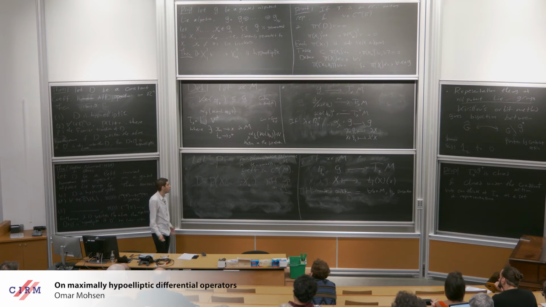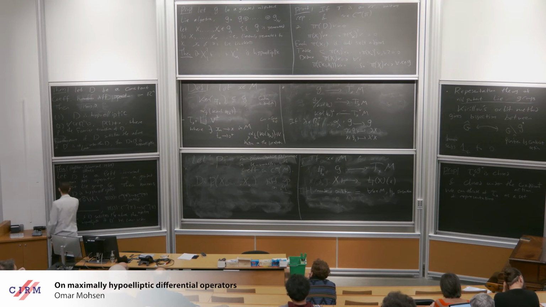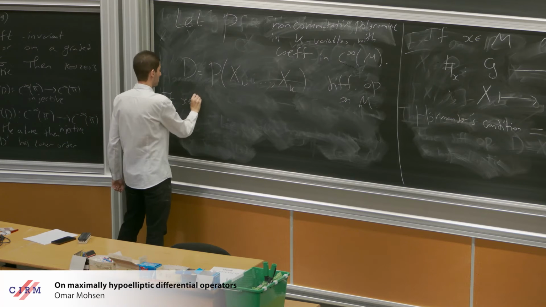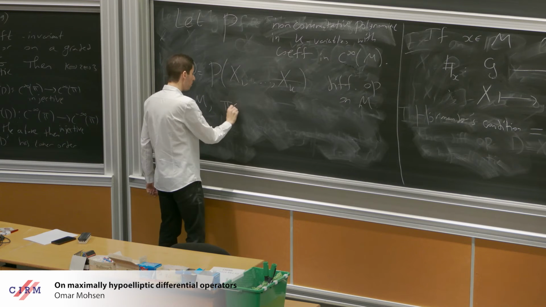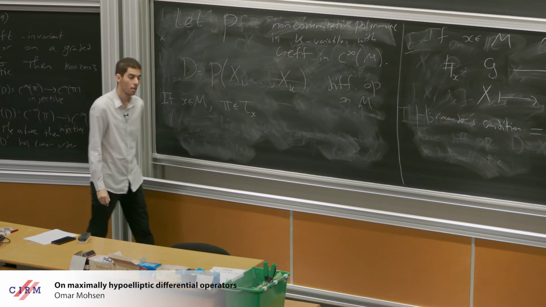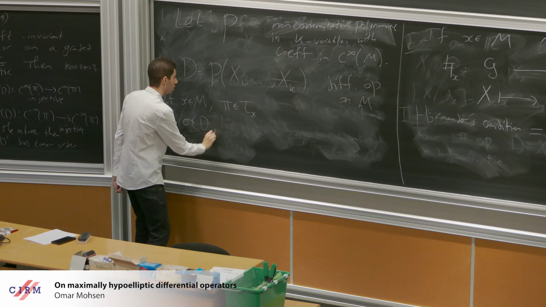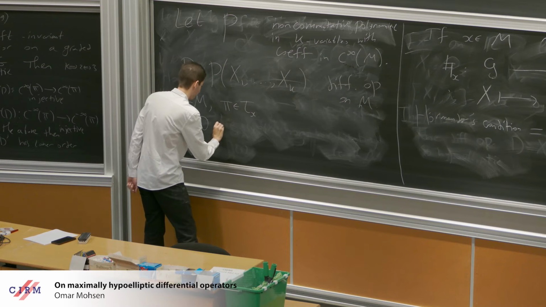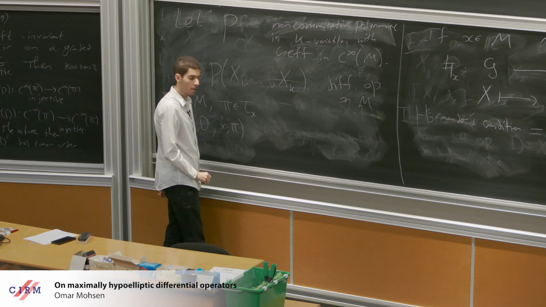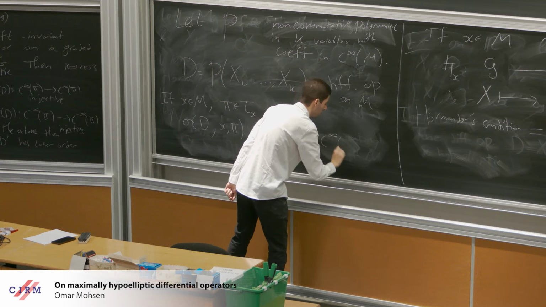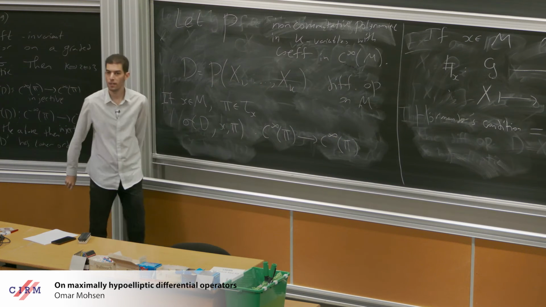Okay? So now I need to define, to write this condition. So if x is a point in M and pi a representation in tau x, I will define what's called the principal symbol, which takes D, x and pi, and will give me a map from C infinity of pi to C infinity of pi.